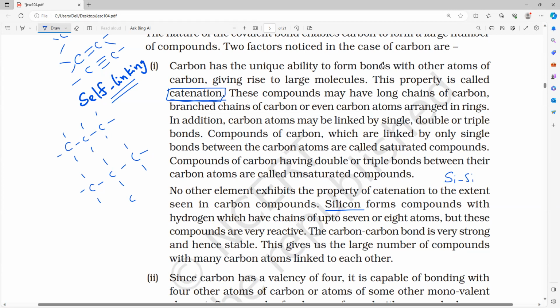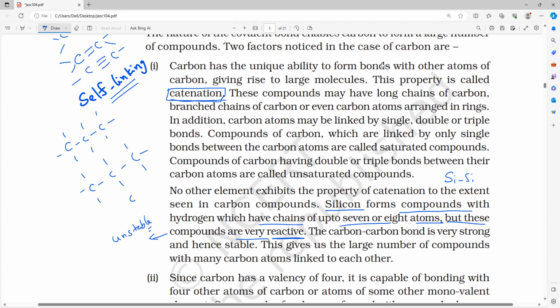But it will be weaker, and the compounds are unstable. Up to 7 to 8 atoms it can link, but these compounds are very reactive. Very reactive means they are unstable compounds. That is what you have to remember.